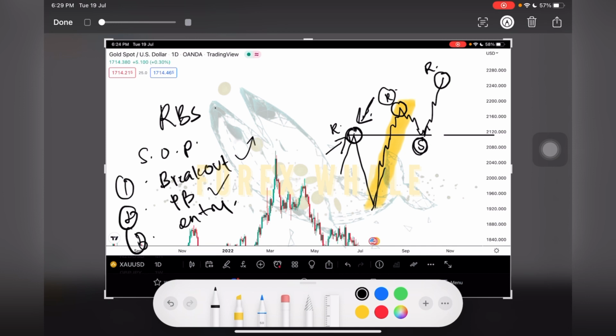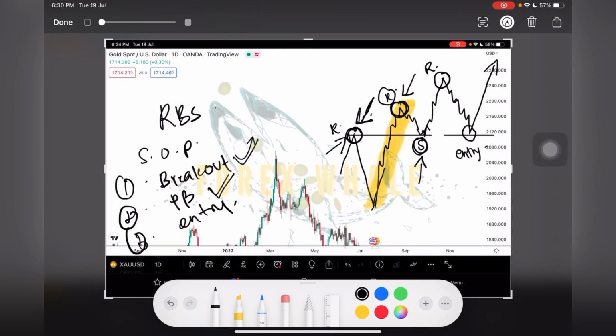The new resistance that is created by this support has broken through not just one resistance but 2 resistance. We already have that breakout, we have already got that pullback, so wait till price forms this, and then we place our entry once price comes back into that support level for it to go all the way up.